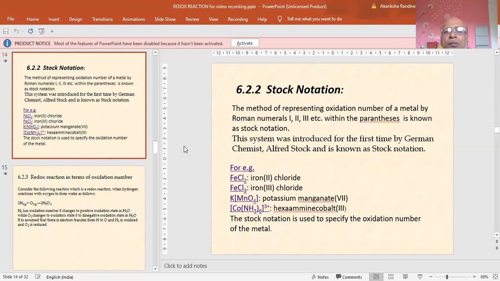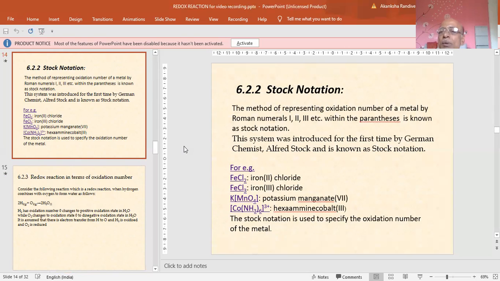Now, the method of representing oxidation number of a metal by Roman numericals, that is 1, 2, 3, etc. within the parenthesis is known as stock notation. Again, I repeat this meaning of the stock notation. The method of representing oxidation number of a metal by Roman numericals.